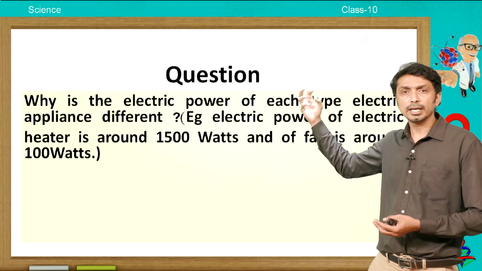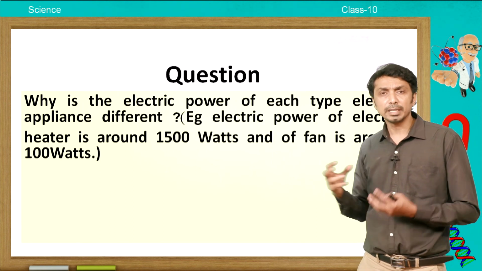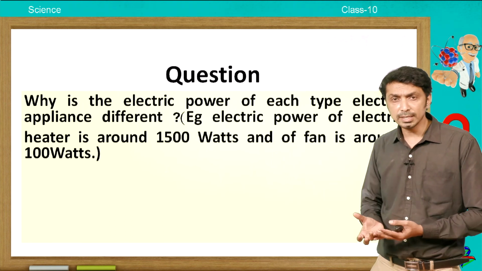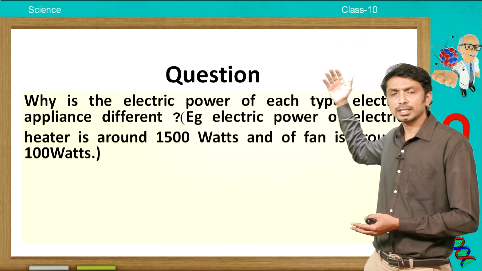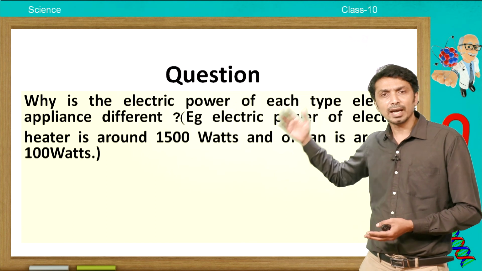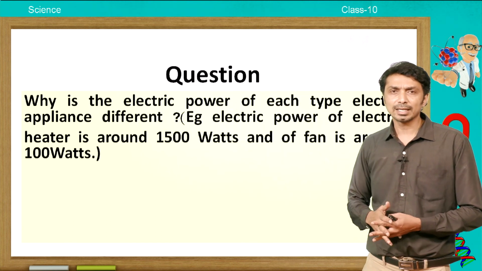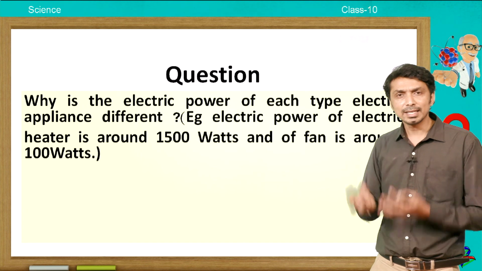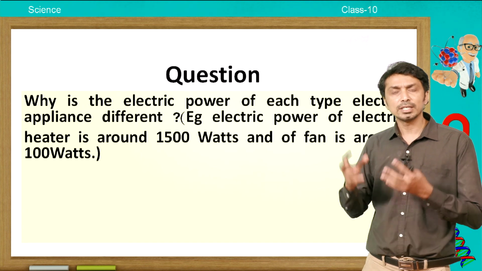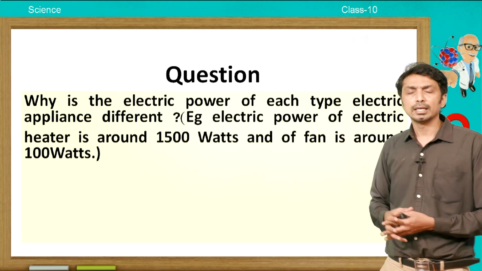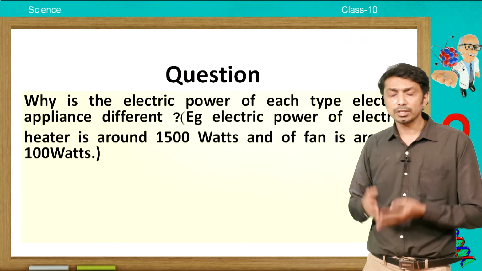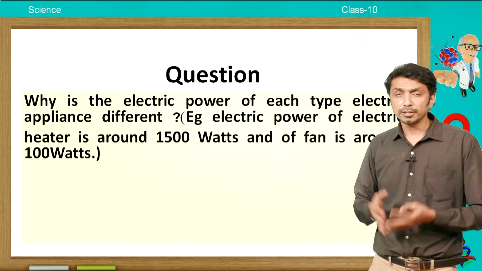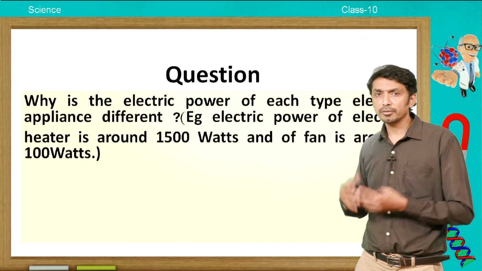And also they are made up of different materials which have different resistances. So if you compare a fan with an electrical heater, you will see that a fan is a lower power electrical appliance because it uses a lesser amount of electrical energy. So its electrical power is less, whereas an electrical heater or an electrical iron box utilizes a huge amount of electrical energy, therefore its electrical power is very high.